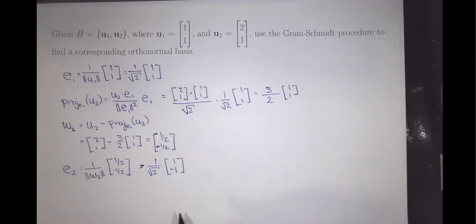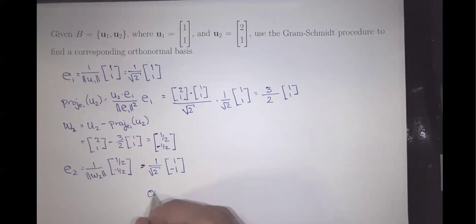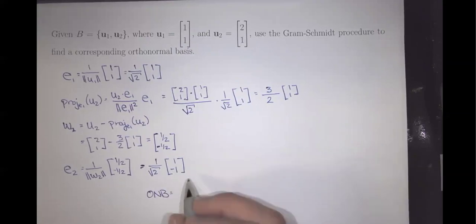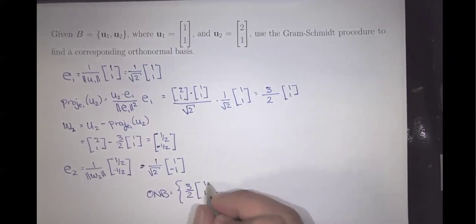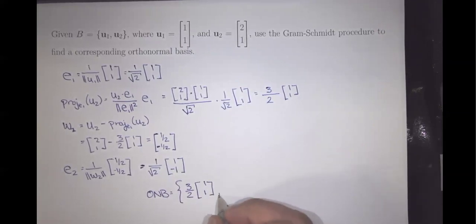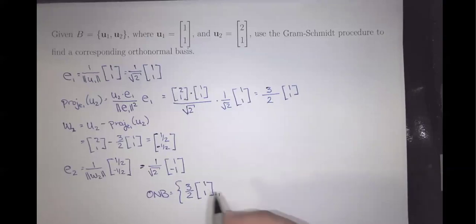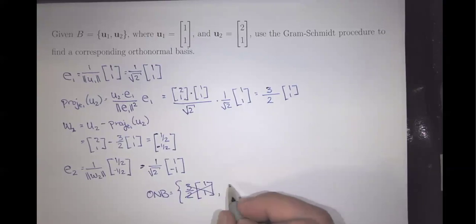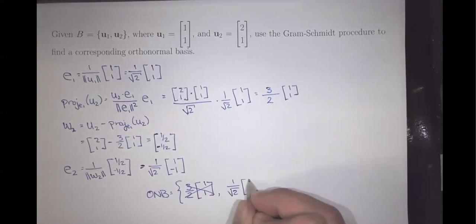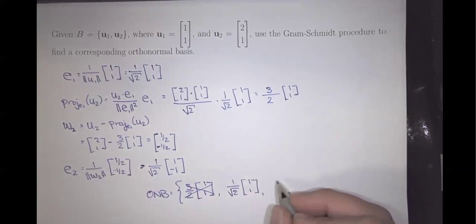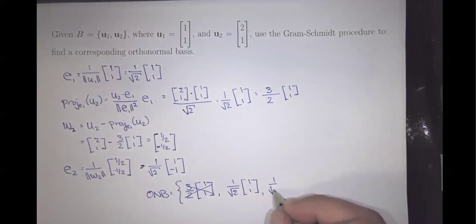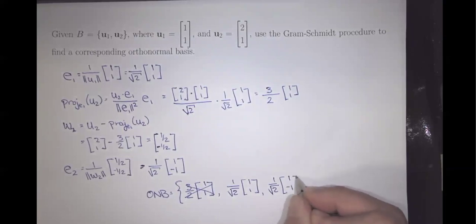Okay, so our orthonormal basis then is the vector 1 over root 2 times (1, 1), and the vector 1 over root 2 times (1, negative 1).